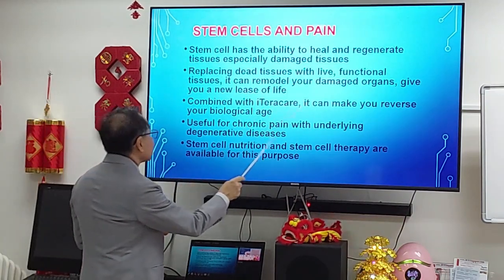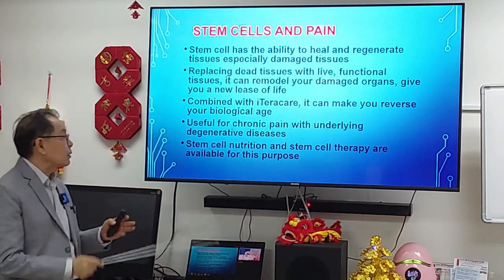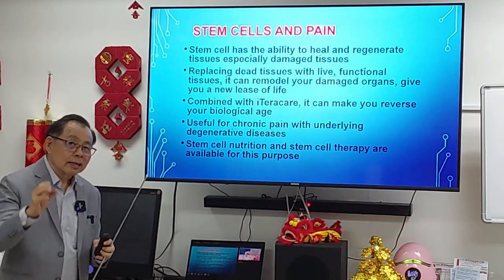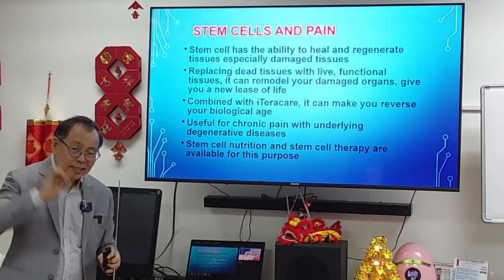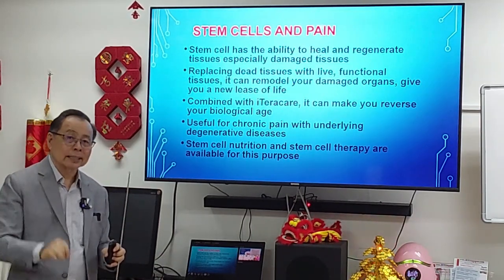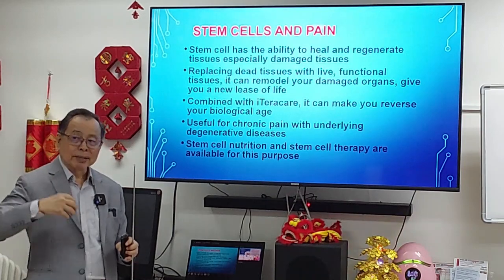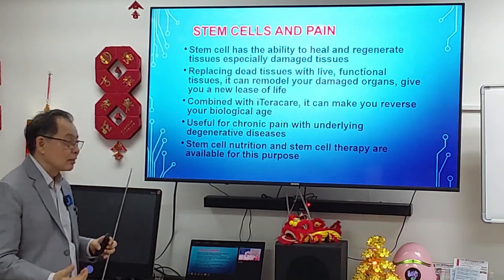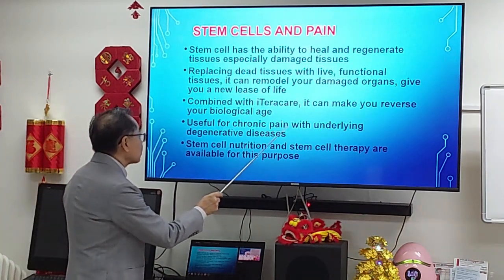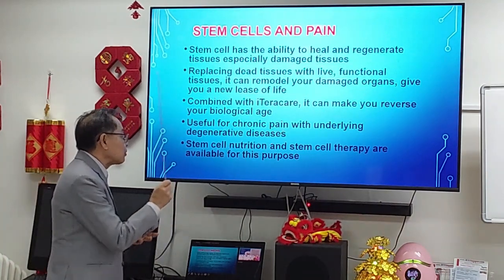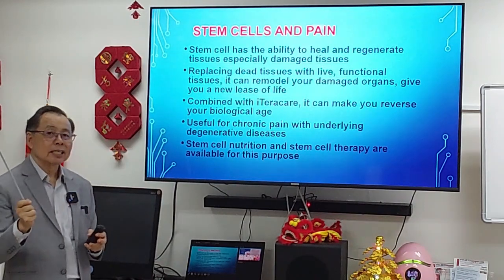Combined with iTeraCare, it can make you reverse your biological age. iTeraCare works together with stem cells. People say iTeraCare activates stem cells. Yes, it does. They become more active. So it's useful for chronic pain with underlying degenerative disease.